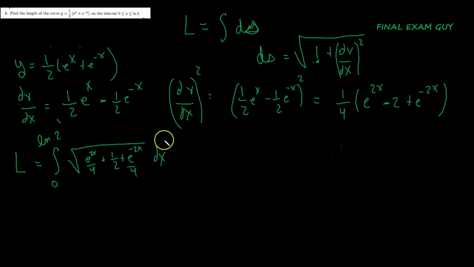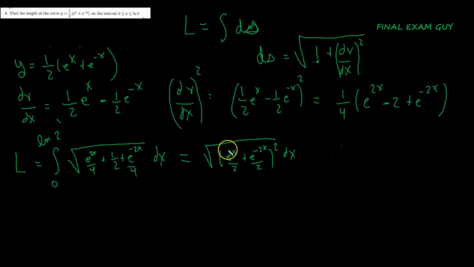Now we can figure out how to simplify this. If I pull out a square from this, I'll have e^(x/2) plus e^(-x/2), squared. So I just pulled out the square from here, so this term goes away, and these two become x and negative x.